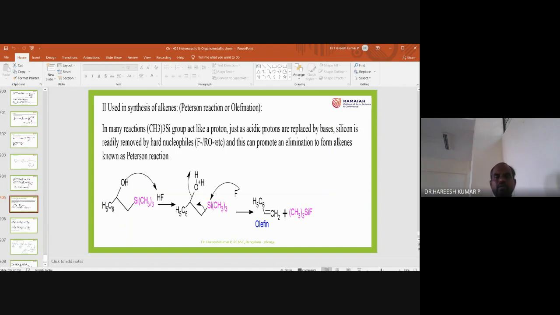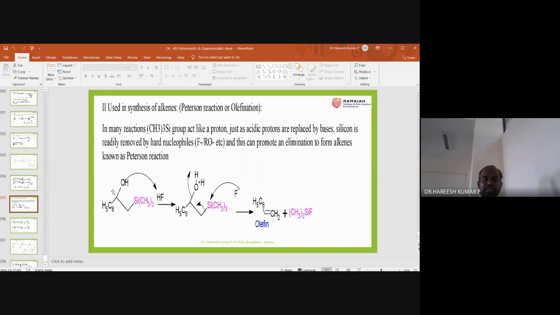So what it means is that the bond formation between silicon and fluorine is strong. That is the reason silyl will go out as a leaving group. The bond formation between oxygen and silyl is also strong. That is the reason it will go out.